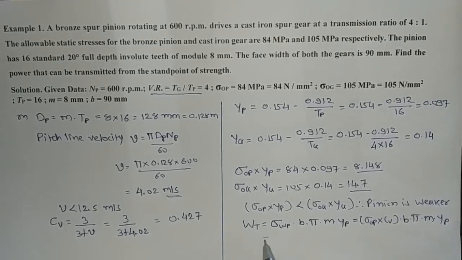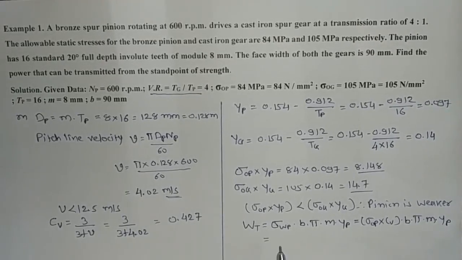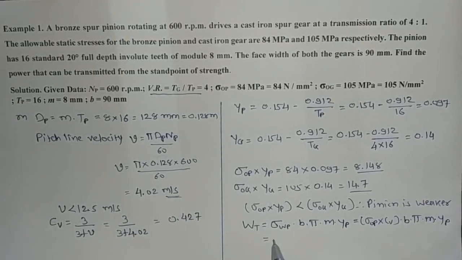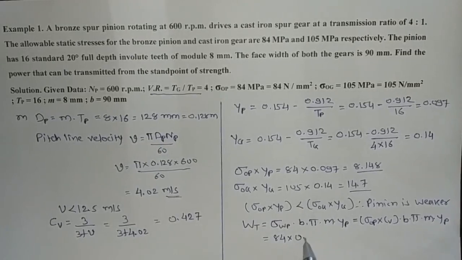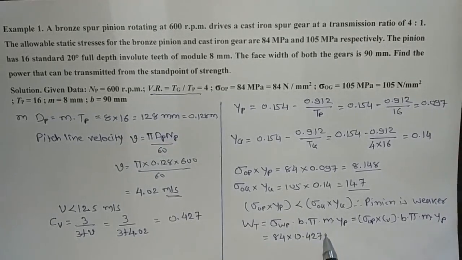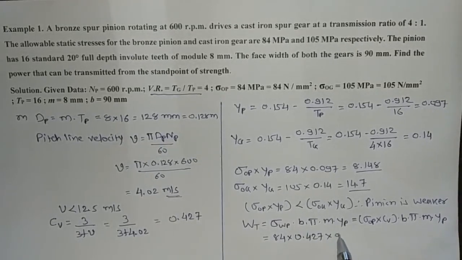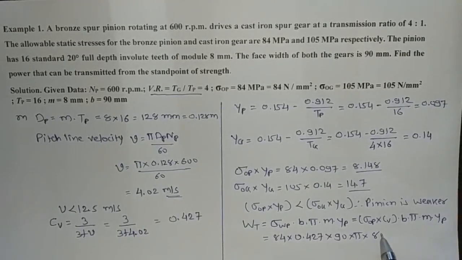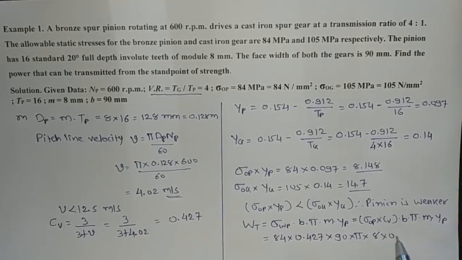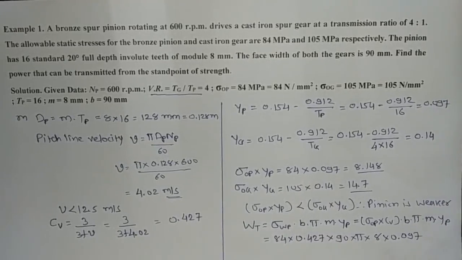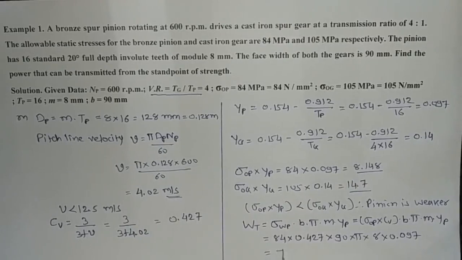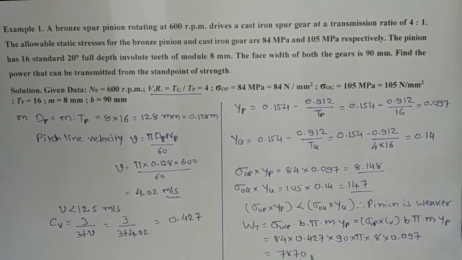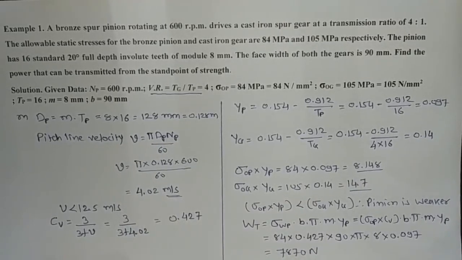Now put the value in this equation. Sigma Op is equal to 84, Cv is equal to 0.427, B is equal to 90, into pi, m is equal to 8, and Yp is equal to 0.097. Therefore the tangential load is equal to 7870 Newton.